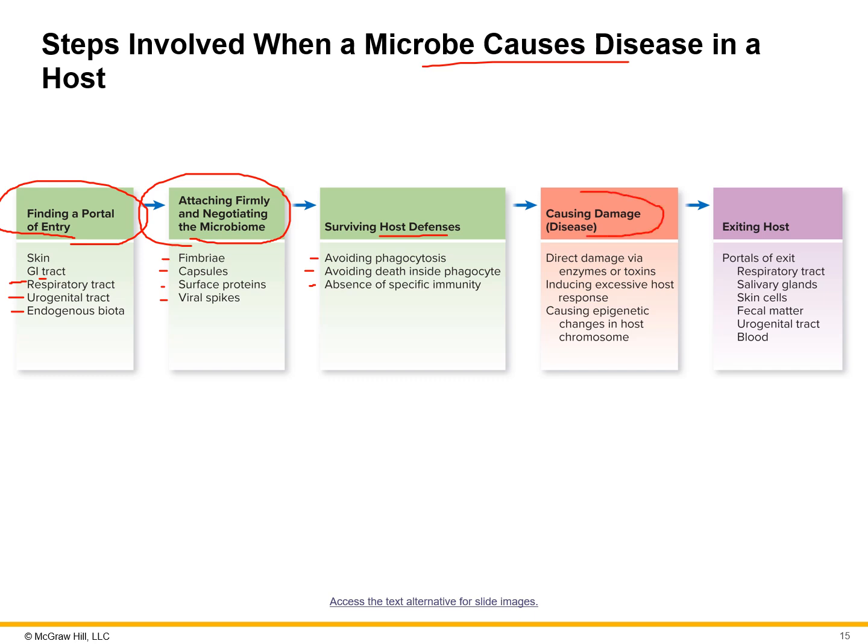Now they have to have a way to cause damage, and that's where those virulence factors come into play again. It may be direct damage from enzymes or toxins. It could be from an excessive host response, so it overactivates our immune system, which leads to inflammation and fever as our body's natural way of getting rid of it.